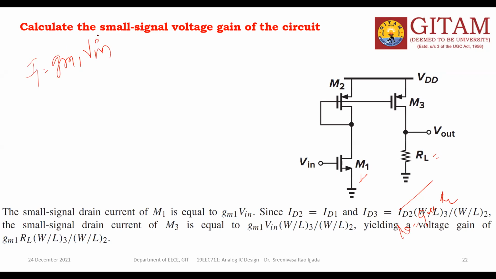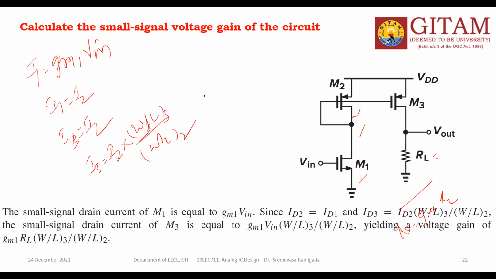So I1, this current, is the same in both devices. So I1 is equal to I2, and I2 is equal to I3 because of copying. What is the I3 value? I3 is equal to I2 multiplied with W by L of 3 by W by L of 2.